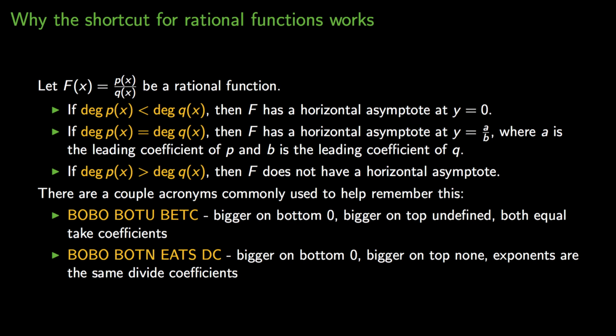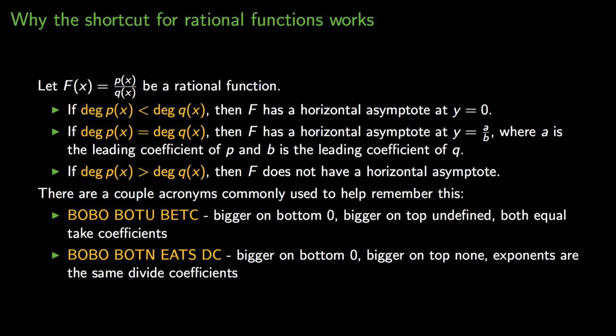And you may remember there are two acronyms that are commonly used in high school math courses to help students remember this theorem. And they're commonly pronounced Bobo to Betsy or Bobo Boatin eats DC. And so I hope you can see how these sum up the theorem above, where for Bobo to Betsy, if the degree is bigger on bottom, then the asymptote is y equals 0.